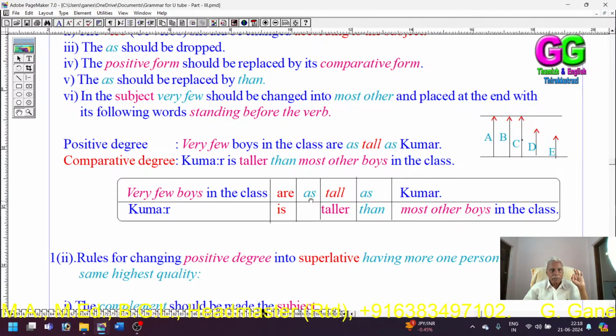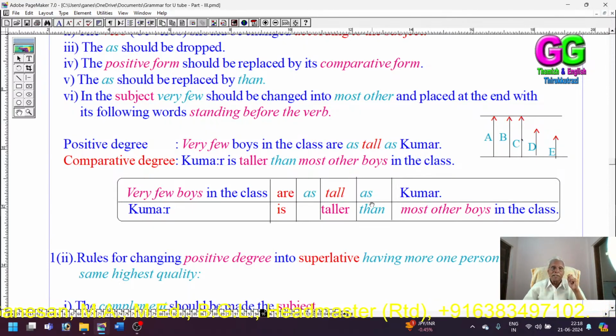Thirdly, the positive degree has two scales, as or so as. Here the first scale, as, is dropped. Fourthly, the positive adjective tall is replaced by its comparative adjective taller.